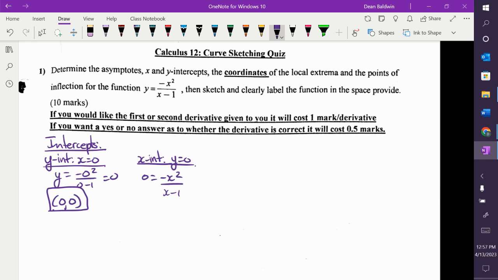The denominator is irrelevant, because if you multiply that up, it goes away. So you only have to look at what makes the numerator 0. In this case, it's 0. So (0, 0) again. That means the graph goes through the origin.